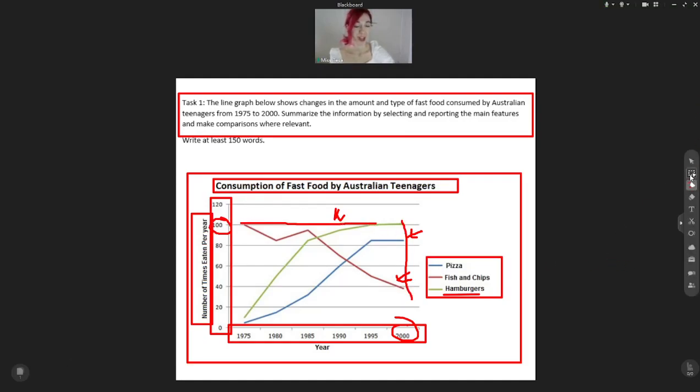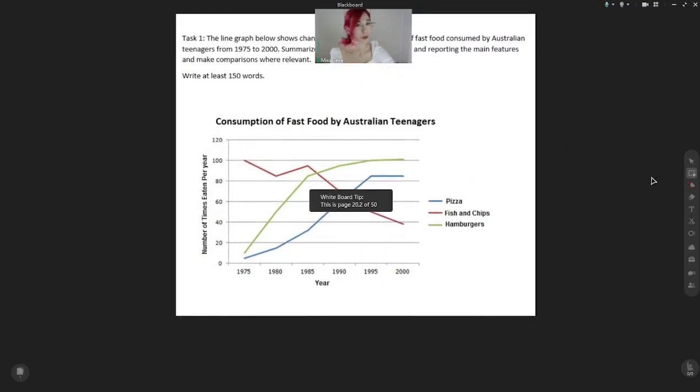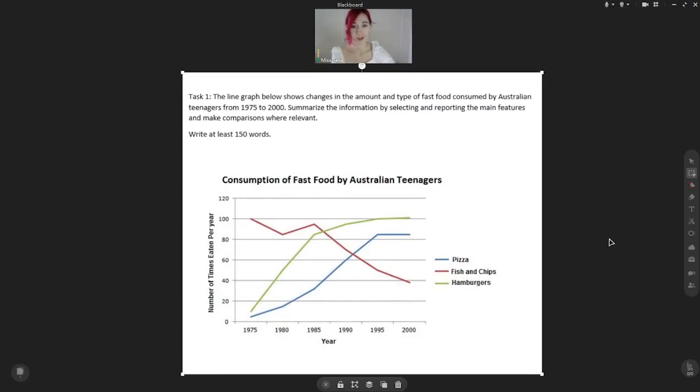Now that I understand that, I have to see what are the main features here. What is important? Is this difference important? No, not really, right? But let's see, this is important. How pizza and hamburgers rose in popularity.